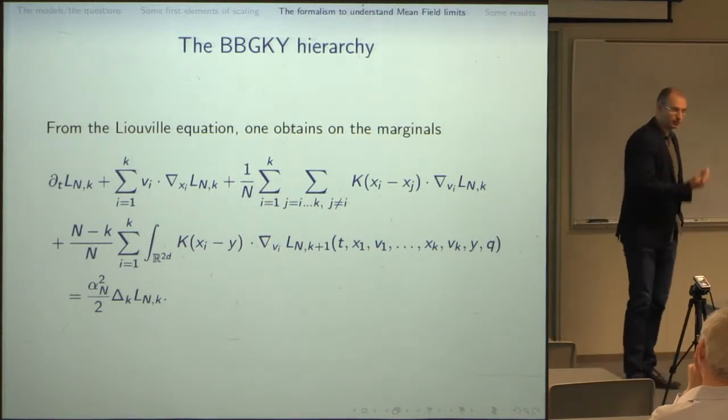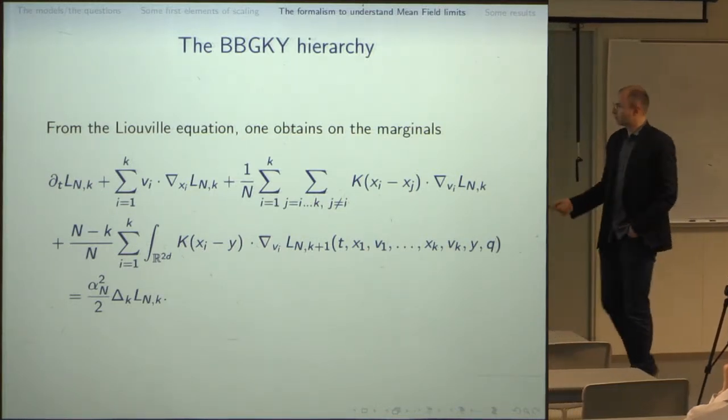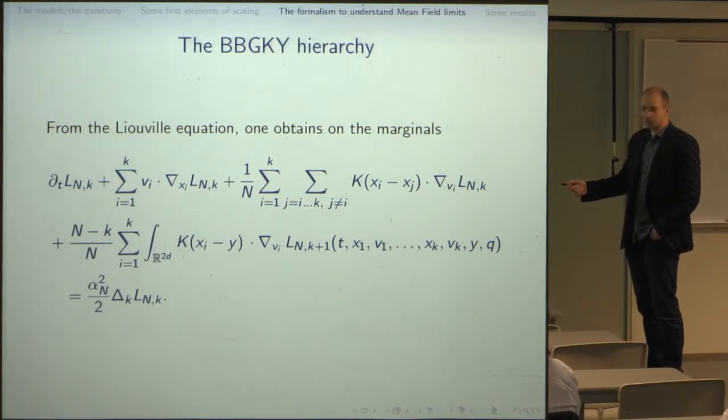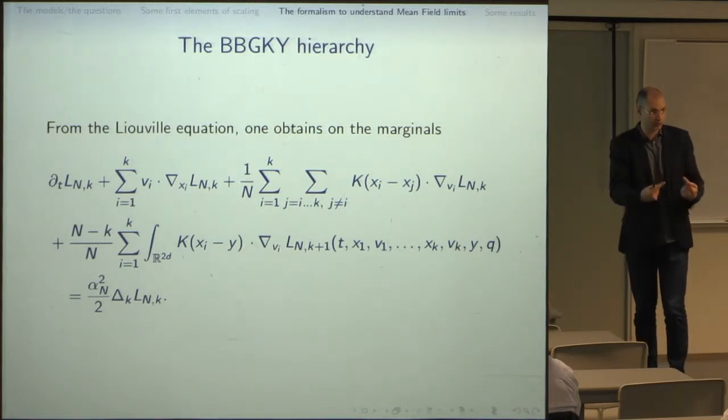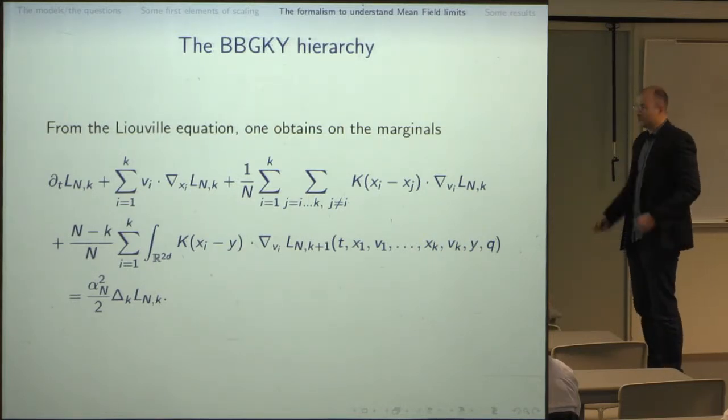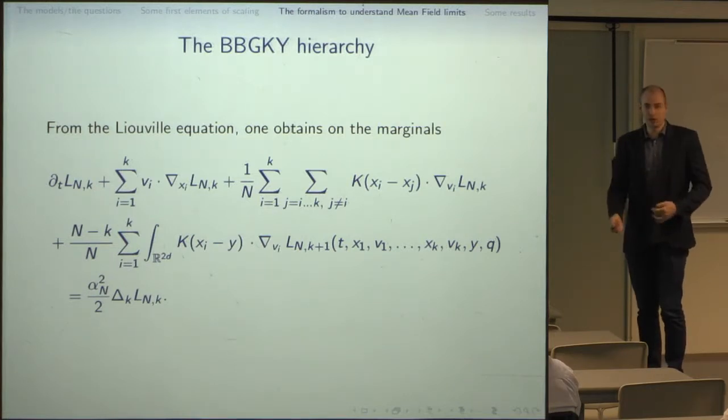Okay, it's a little bit painful, but let me guide you a little bit through it. Well, this is derivative in time. This is just you integrate, and that doesn't change. The problem is when you integrate the terms with the interactions. And then you have essentially two possibilities.